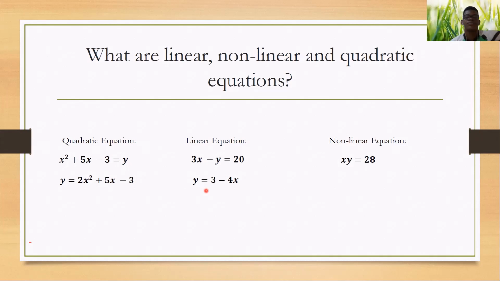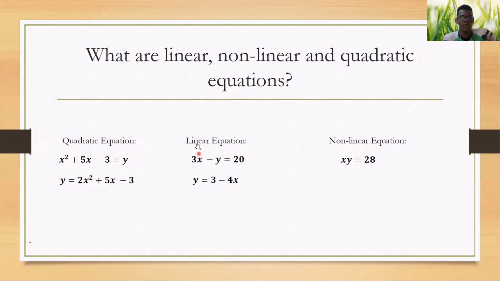Now, with quadratic equations, right? You notice what jumps out at you is that these are squared, right? So let's distinguish between them, and then I'll give you the points. A quadratic equation has a squared x.